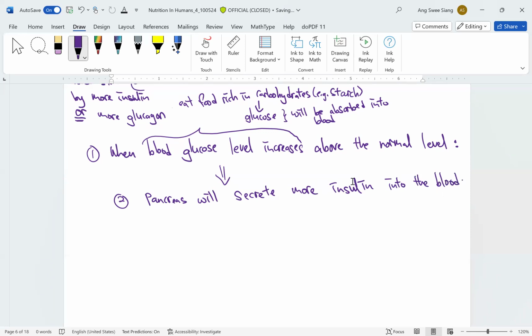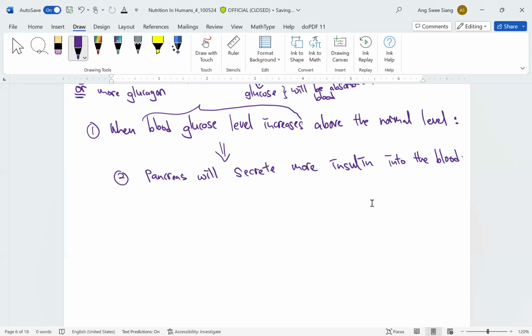Then this more insulin will be transported by the blood to the liver.